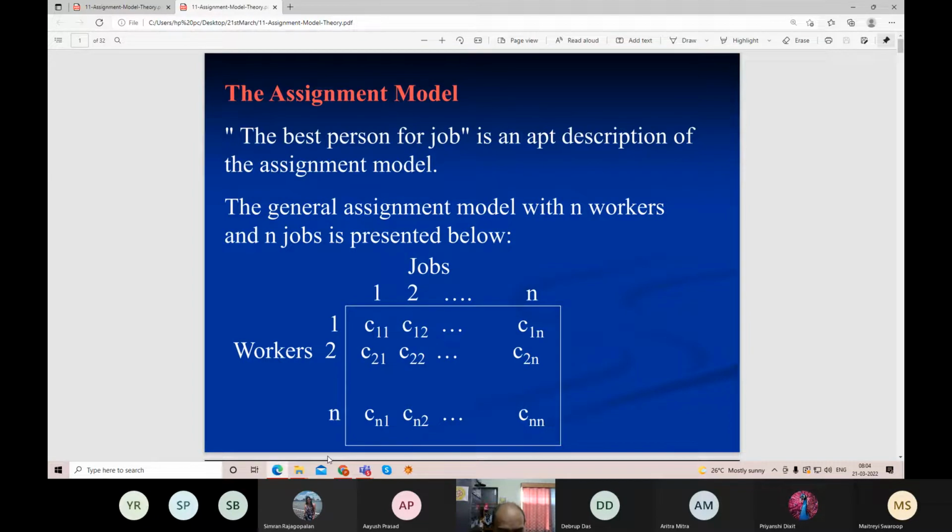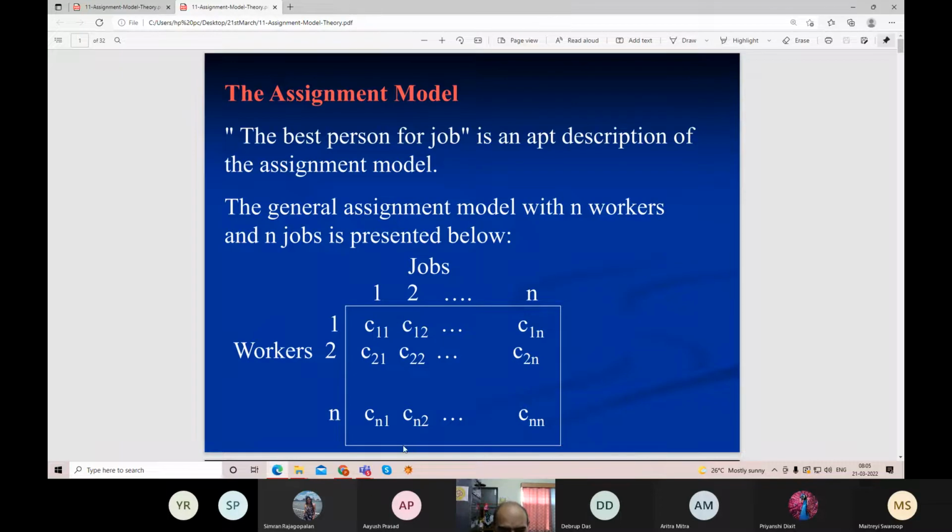Similarly, for each column, jobs are assigned. We can also interchange them: the rows can be used for the jobs and the columns for the workers. There is no harm. So we have n number of jobs, column 1, column 2, up to column n. In general, the assignment matrix is a square matrix.